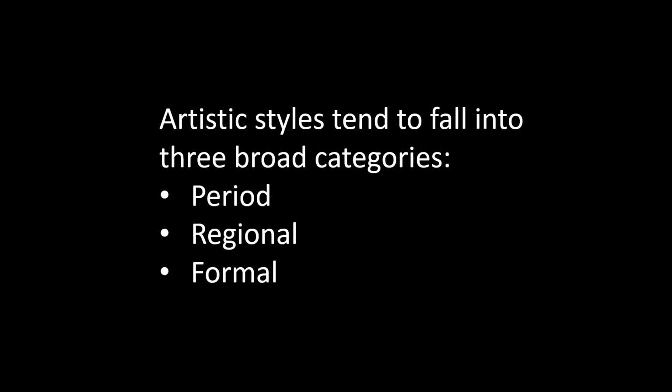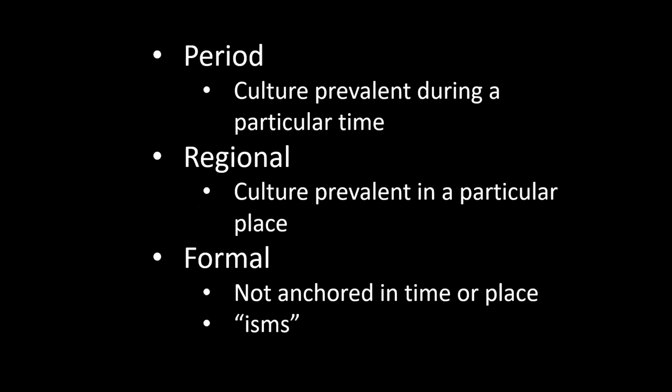Artistic styles tend to fall into three broad categories of period, regional, or formal. Our book has a lengthy discussion of styles, and there are also personal artistic styles too. Period styles refer to the culture prevalent during a particular time.